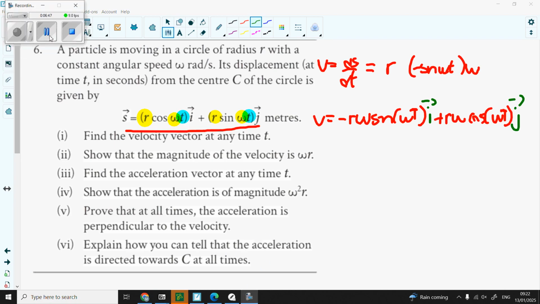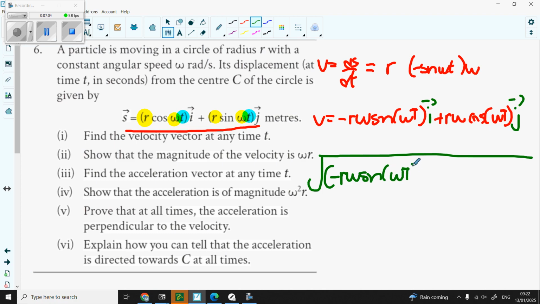Okay, pause here. Now it wants the magnitude. So you ready? Now it wants us to do Pythagoras' theorem. So we're going to go square root, and we're going to do (minus r omega sine omega t) squared, plus (r omega cos omega t) squared.